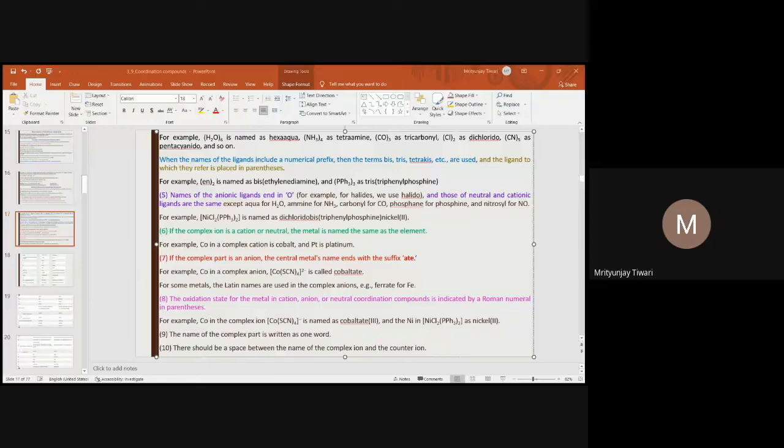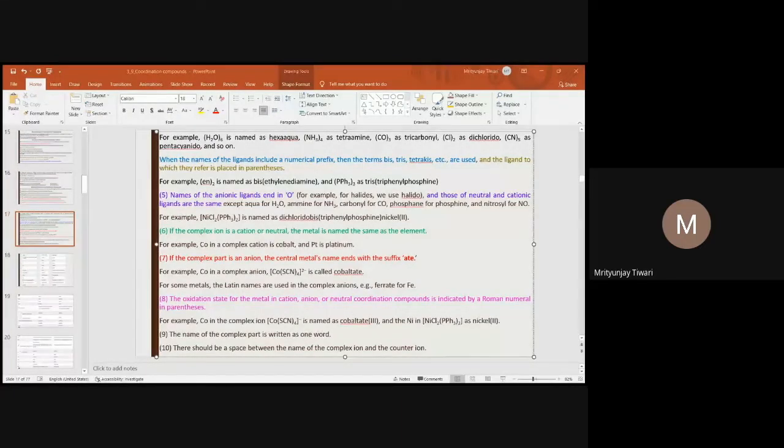These are not much important. O2 is dioxygen, electrically neutral, so let's call it dioxygen. This is carbonyl, and carbonyl is the name for this. Other things: nitrite, you can see the example of nitrite we have already seen, nitrite-N and nitrite-O. This is nitro.